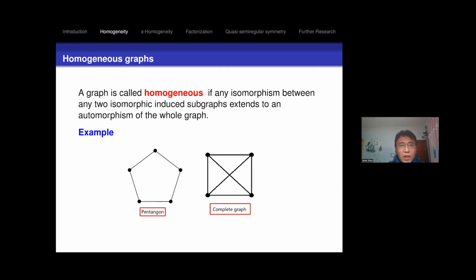Now let's look at the homogeneous graphs. A graph is called homogeneous if any isomorphism between any two isomorphic induced subgraphs extends to an automorphism of the whole graph. This is maybe the strongest symmetric condition.